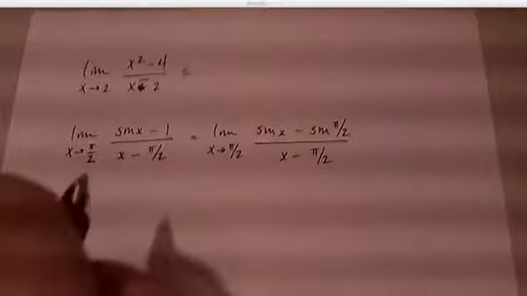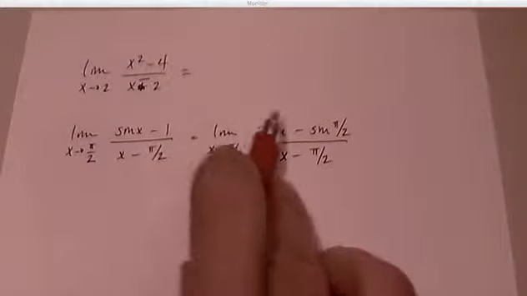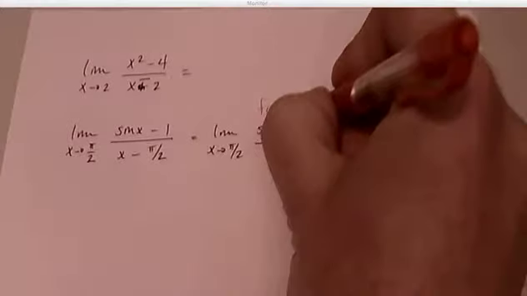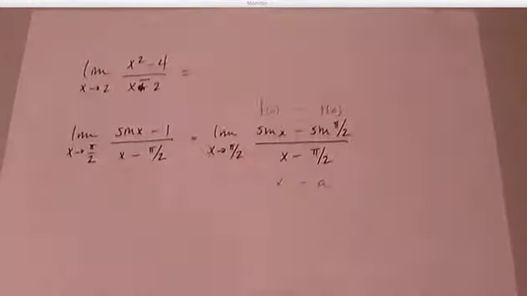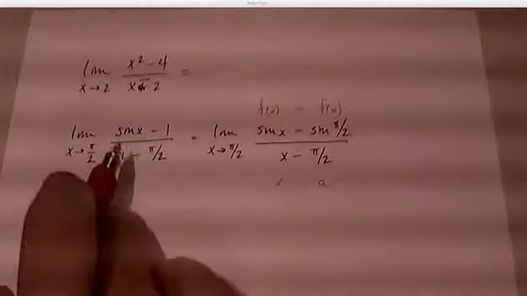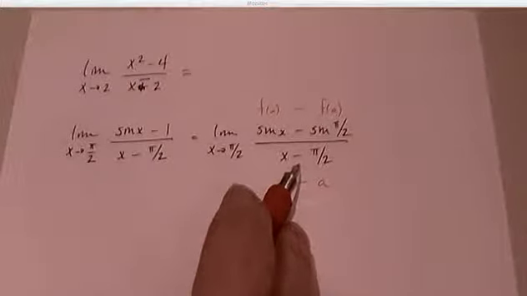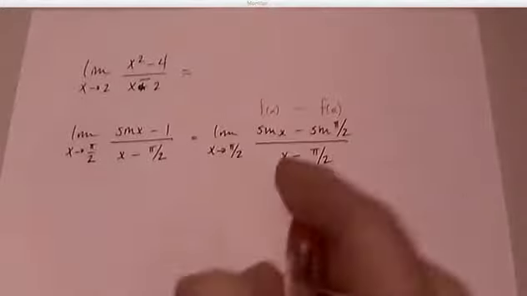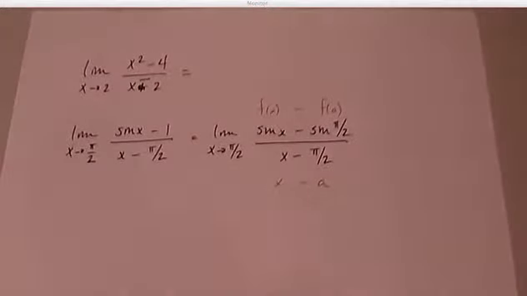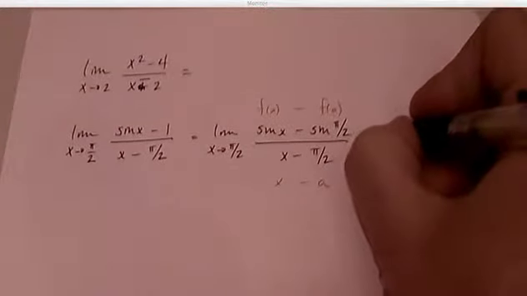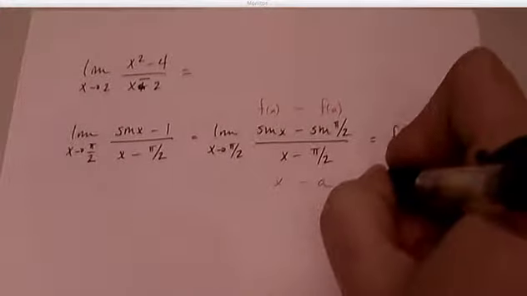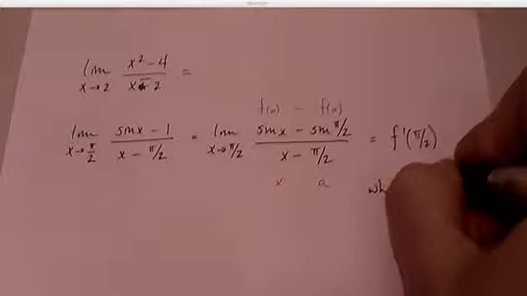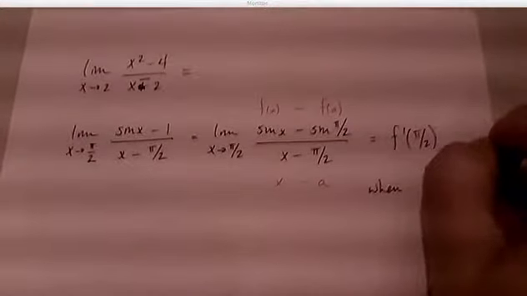Once you recognize that 1 is sine of pi over 2, then here is your f of x, here is your f of a, and this is your x minus a. But you have to recognize it. So the moment that you recognize this, what you're really asking me is, what is f prime of pi over 2 when f of x is equal to sine x?